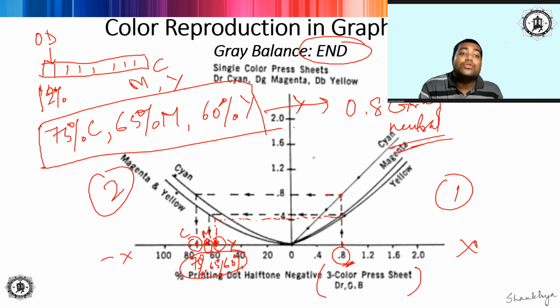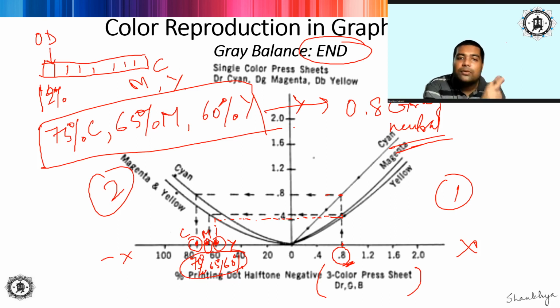Okay, so this is the methodology using which we can find out the required dot percentages for creating a neutral gray of a certain density. This is how we can find out the equivalent neutral densities in terms of the printing dot percentages for the three different subtractive primary inks.